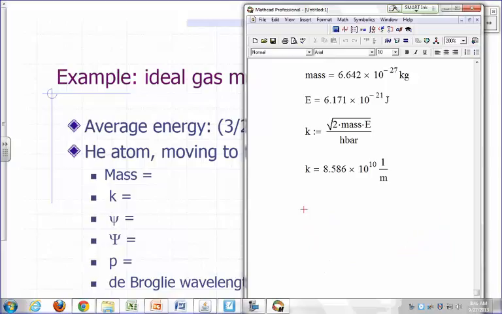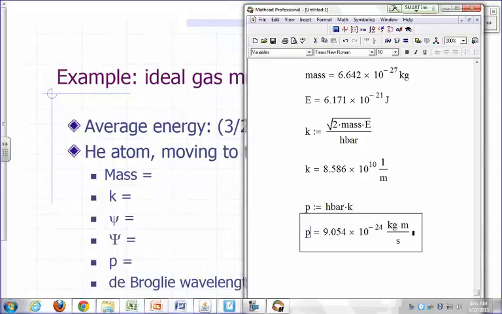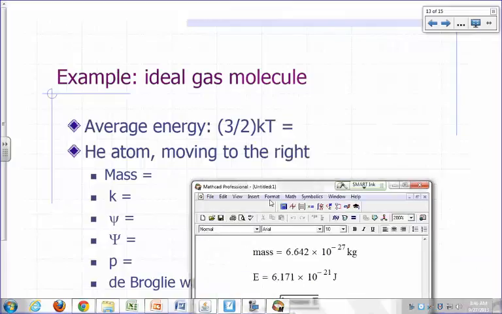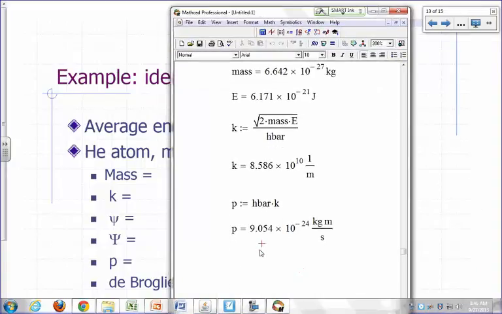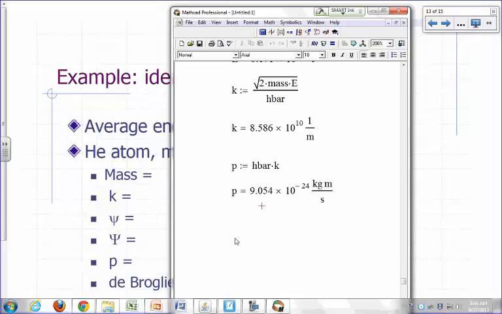All right, so what about our momentum? h bar times k, so p equals that. And this is kilogram meters per second. And we said it's moving to the right, so it's positive h bar k. Momentum is positive.